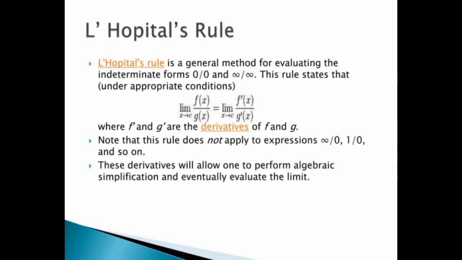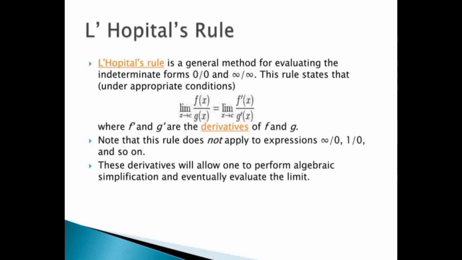We can also use L'Hospital's rule. L'Hospital's rule is the general method for evaluating the indeterminate forms 0 over 0 or infinity over infinity. This rule states that under appropriate conditions, the limit of f of x over g of x, where x approaches a constant, equals the limit of f prime over g prime, where f prime and g prime are derivatives of f and g.